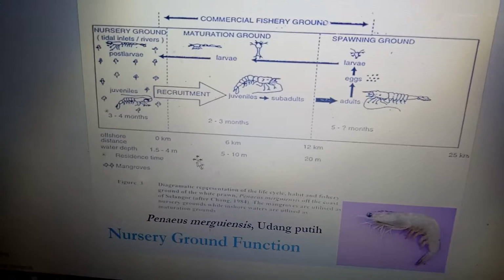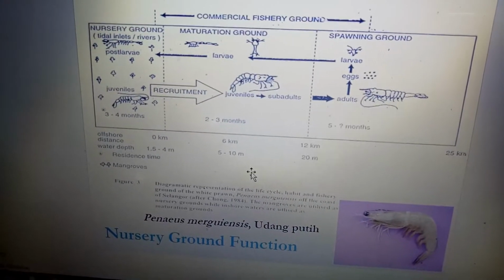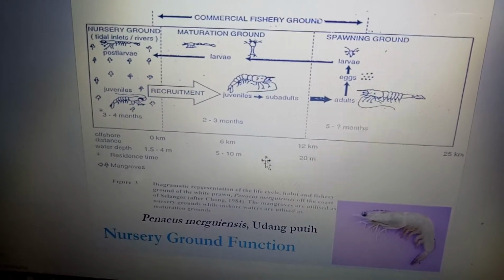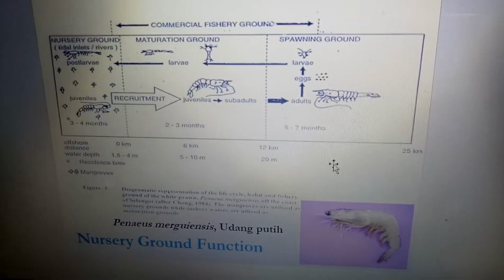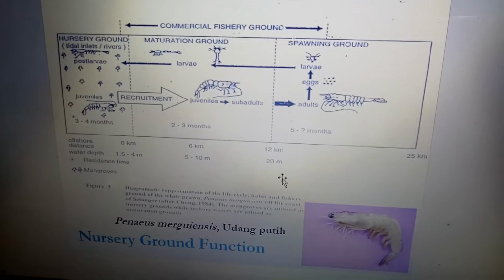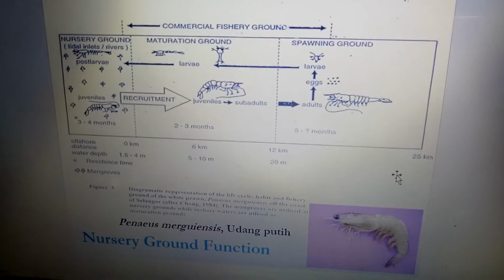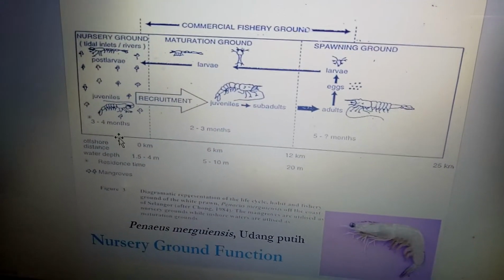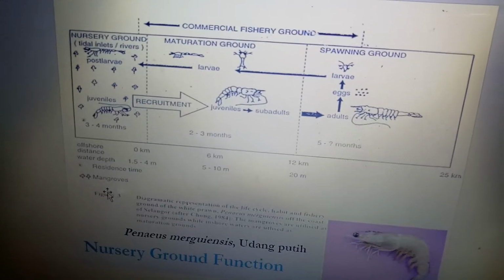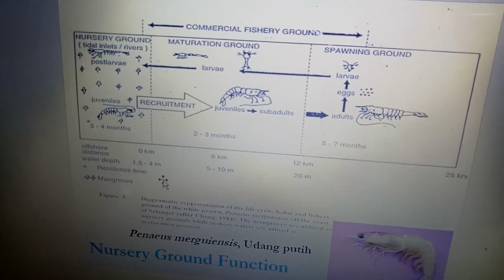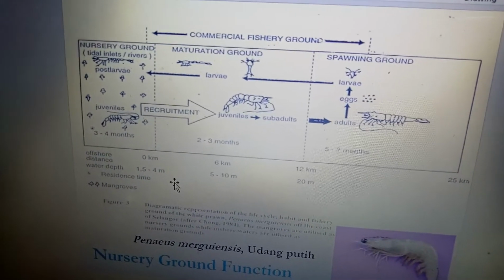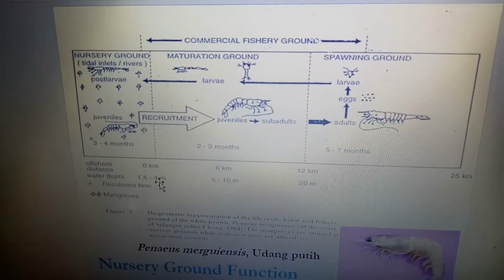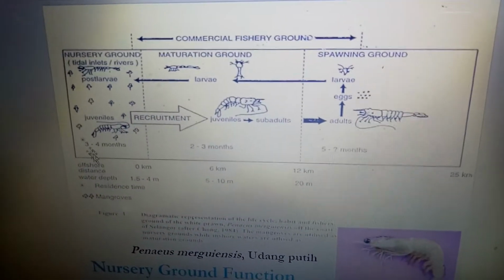Then the next one is 6 kilometer with 5 to 10 meter depth, the second last one is 12 kilometer with about 20 meter, and the last one is 25 kilometer. As you can see, for the offshore distance of 0 kilometer, the water depth is 1.5 to 4 meter.